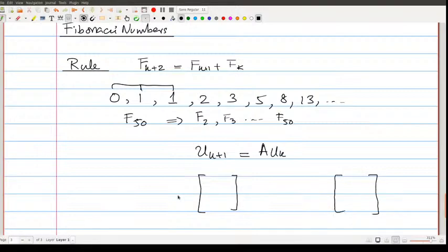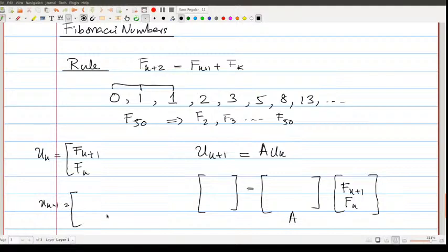Each u_k is going to have the kth Fibonacci number and the (k+1)th Fibonacci number. So this is some matrix A. We don't know what the entries are yet. But this one is going to be F_{k+1} and F_k, which means u_{k+1} should contain the (k+1)th Fibonacci number and then the (k+2)th Fibonacci number.